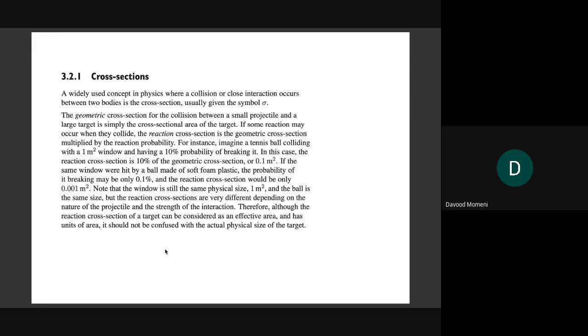So if you're shooting a target with a gun, for example, the number of bullets which are hitting your target, or colliding with your target, gives you a sample on your target. The more bullets you shoot in a short period at one target, the more effect of the bullets you will have on your target.